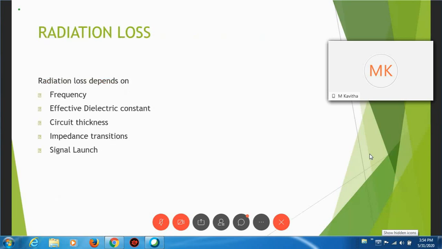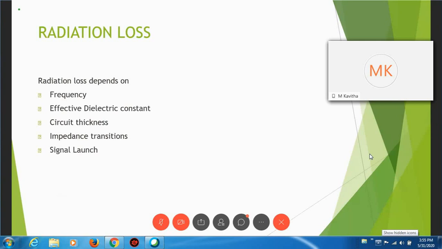The third type of loss which occurs in the microstrip line is radiation loss. We know that this is a loss which occurs at the higher frequency range, in broadband high frequency RF and millimeter wave applications.